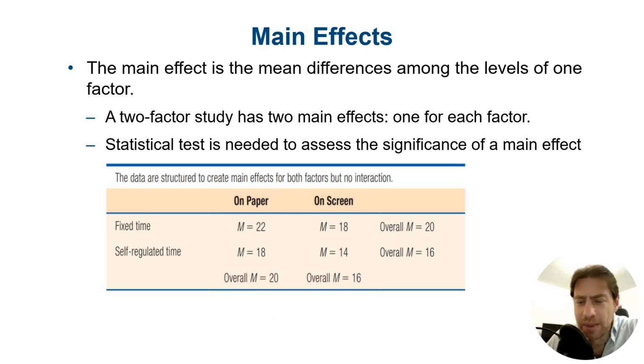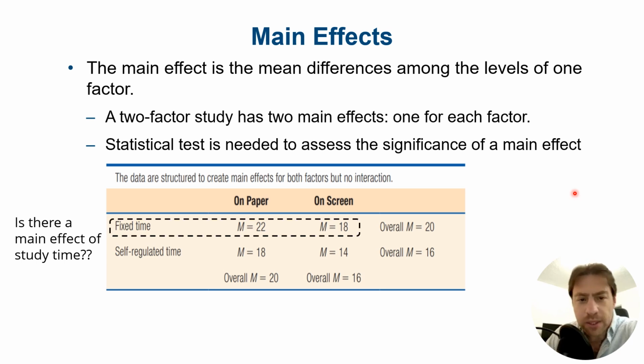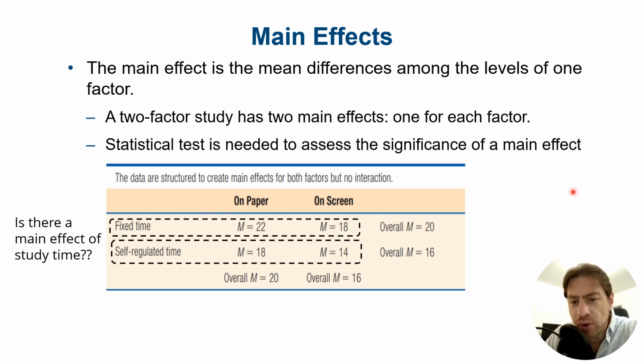And now you can imagine doing the same exact thing, but for the other factor. So is there a main effect of study time? And now you will average across the presentation mode. So you will average within each row, and for each row you will get an overall mean, and you will compare those means to see if there's a difference.